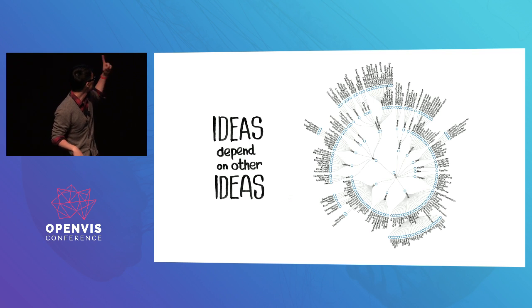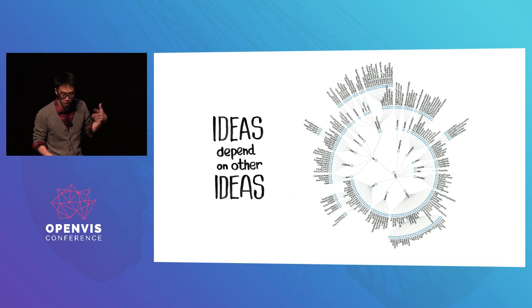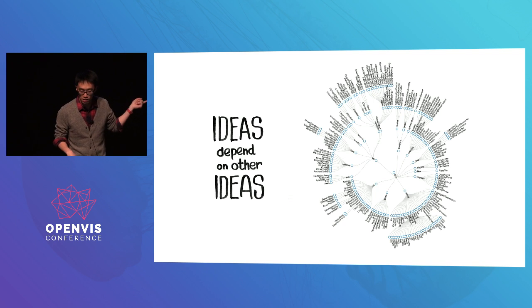So this is a very classic D3 example of a dependency tree. I actually don't know which software package this is, but anyway. The idea is like, oh, hey, you have this idea, it depends on these ideas, and they depend on these ideas. And if you can understand the dependency tree of your idea, then you know what are the pieces that you can break it apart at.